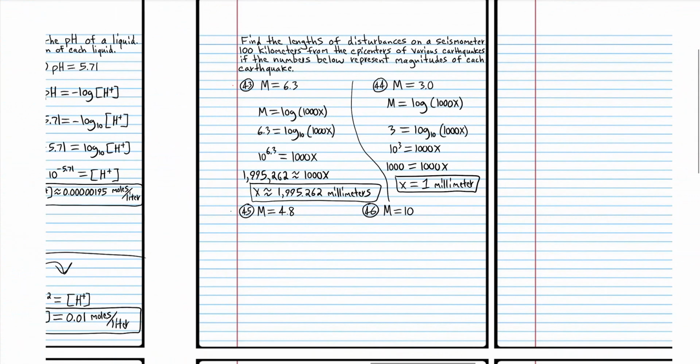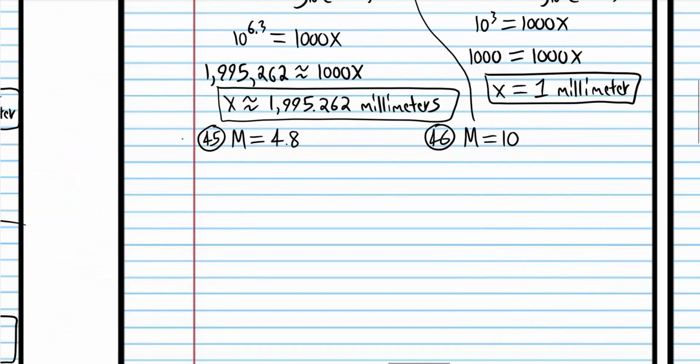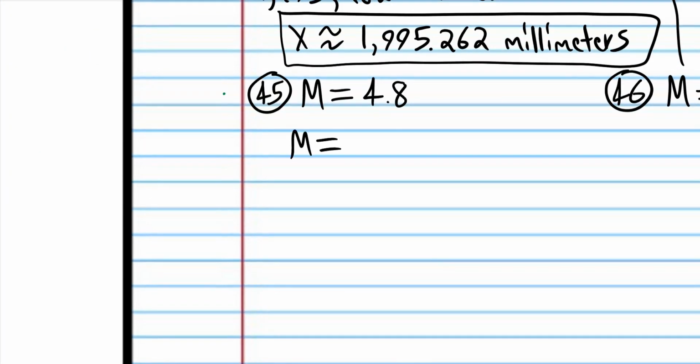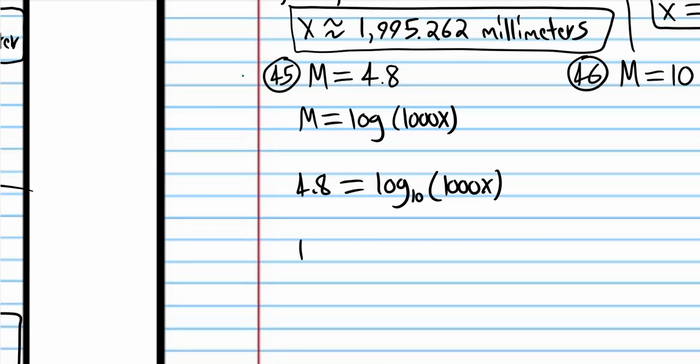So why don't you try number 45, and when you come back, we'll do it together. All right, we're back. So the magnitude of an earthquake is defined like so. The magnitude, we're told, is 4.8. And if we don't see a base written in a logarithm, we know it's base 10. Now we just translate to an exponential equation. And in my iPhone, I'll enter 4.8 and then push the 10 to the X button in the middle, and we get 63,095.7 approximately.